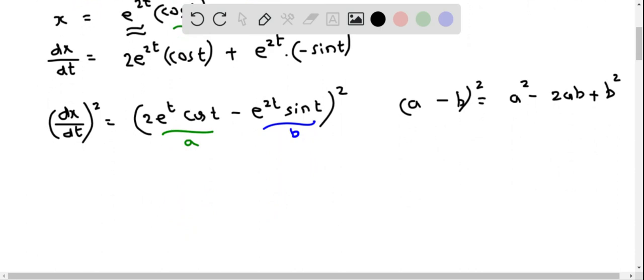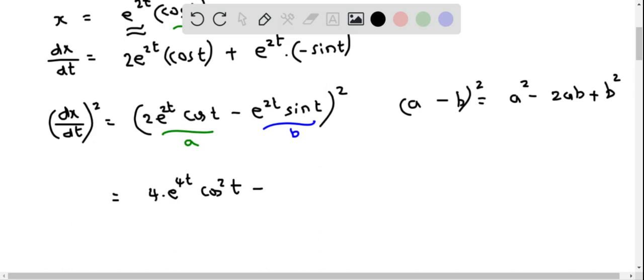Therefore we have a squared, which is the square of 2 e^(2t) cos t. When you square it, the square of 2 is 4, the square of e^(2t) is e^(4t), and the square of cos t is cos squared t.